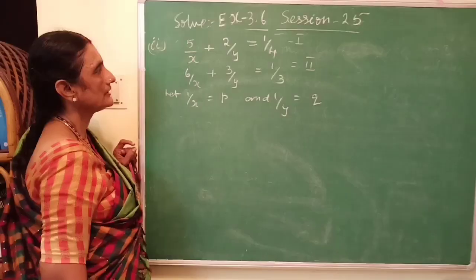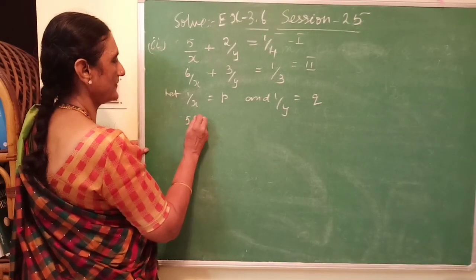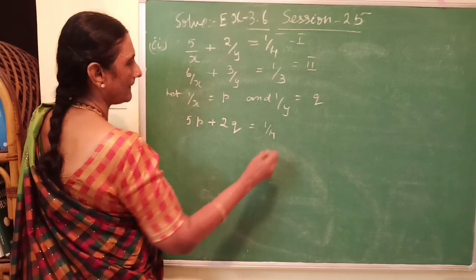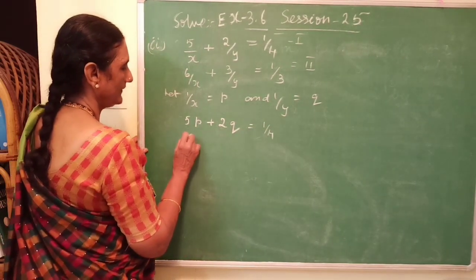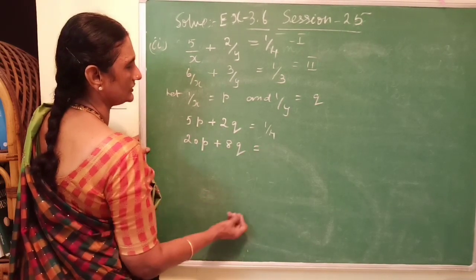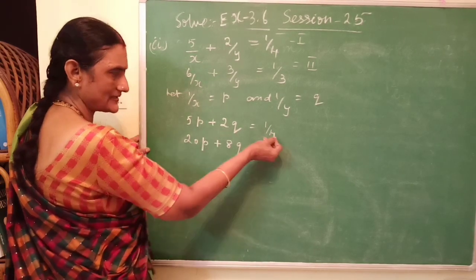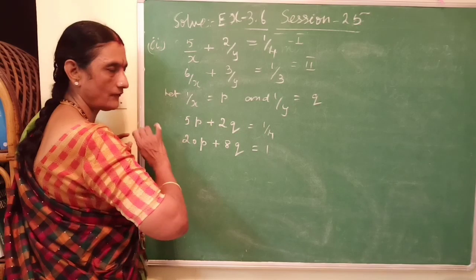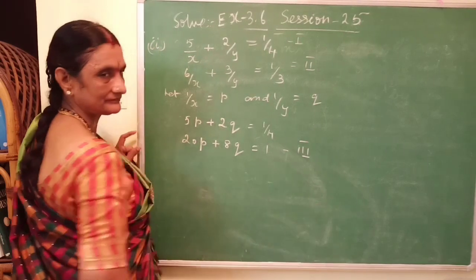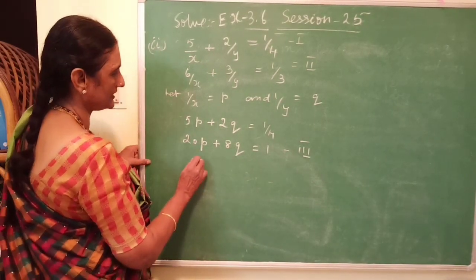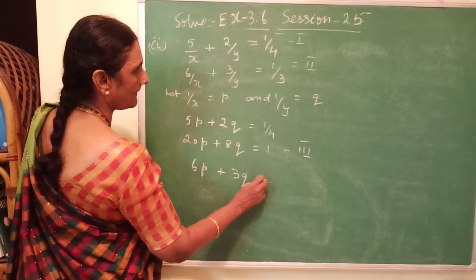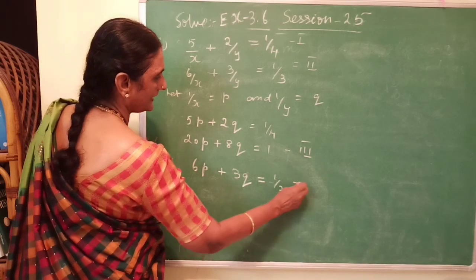Now, can you tell me how we will proceed? We have got 5p plus 2q is equal to 1 by 4. Balancing, you will get 20p plus 8q is equal to 1. I have multiplied by 4 for all the 3 terms, so this is equation 3. Now the second equation, 6p plus 3q is equal to 1 by 3.